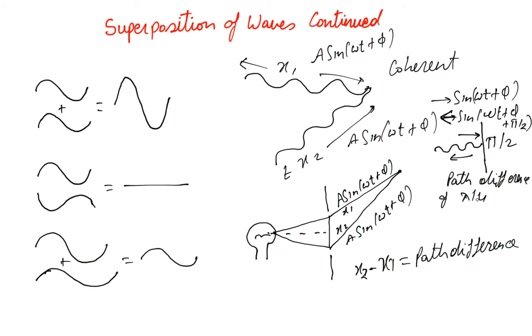The two definitions are the same, and it will make more sense. So on reflection, a wave suffers a phase difference of pi over 2 and a path difference of lambda over 4. They tell the same information, but let's see what's happening here so that we can understand what we actually said here. So the path difference is defined as x2 minus x1.